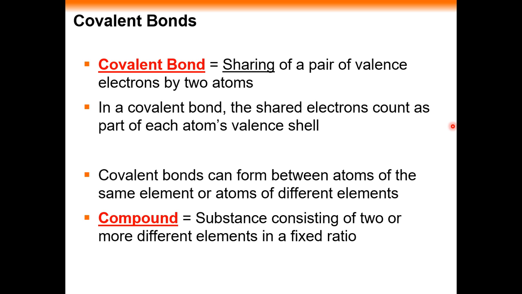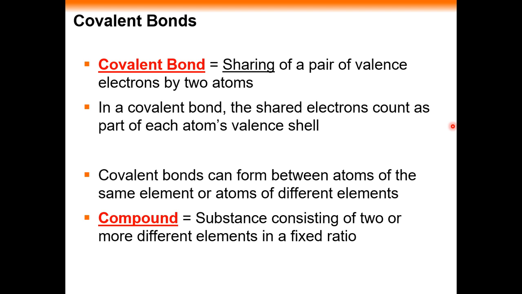Each one only has 4, but they're sharing each of their 4, so they're sharing 8 electrons total, so they both have 8. But there's only a total of 8 electrons, not the 16 that you would think the two should have. They just share 8 between them. So that's just an example of a covalent bond where electrons are shared.